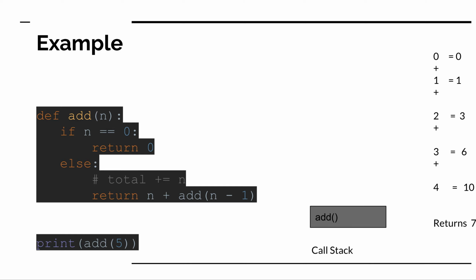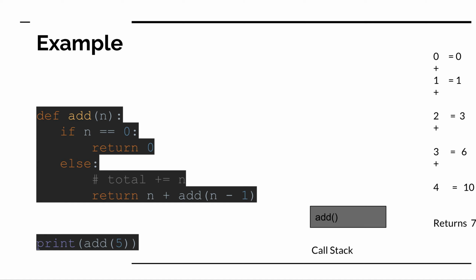I have taken a very simple example to understand what recursion is in programming. This function is self-explanatory, but I'll repeat what it's doing. It takes an input and adds up the numbers.